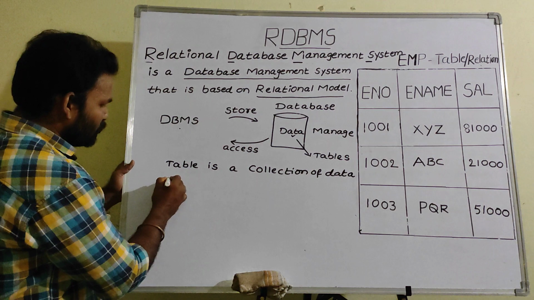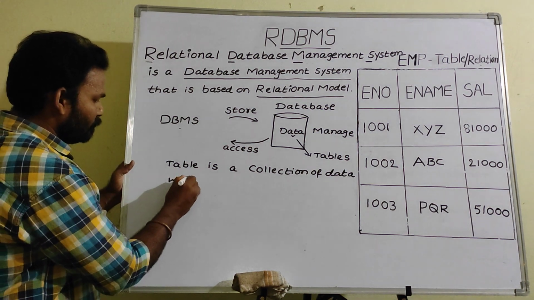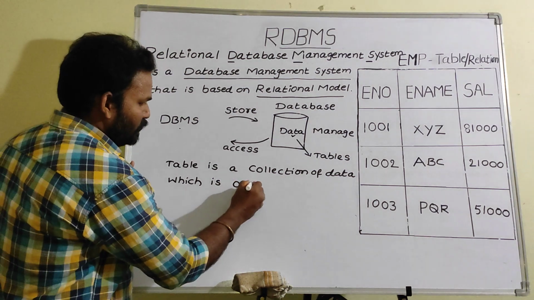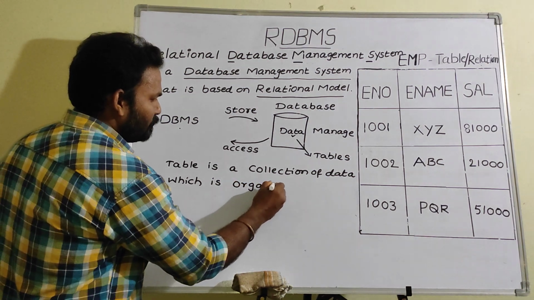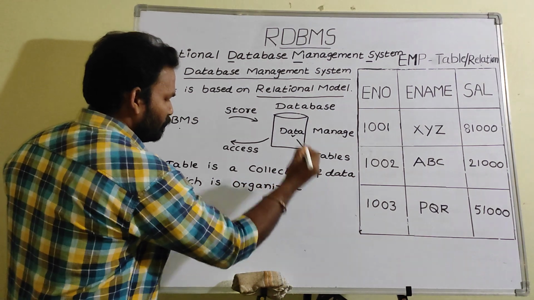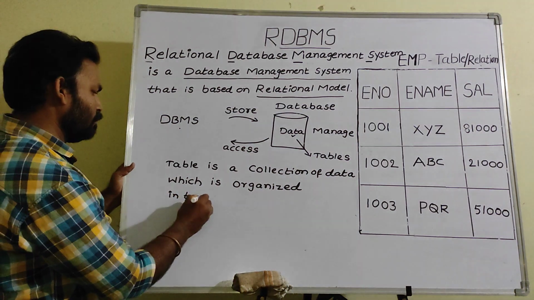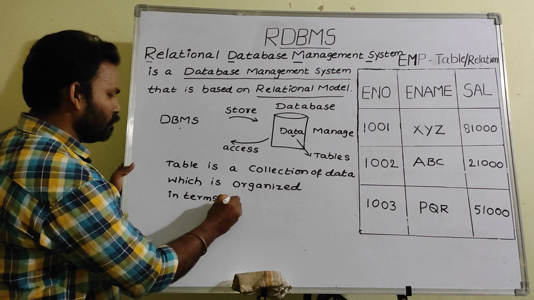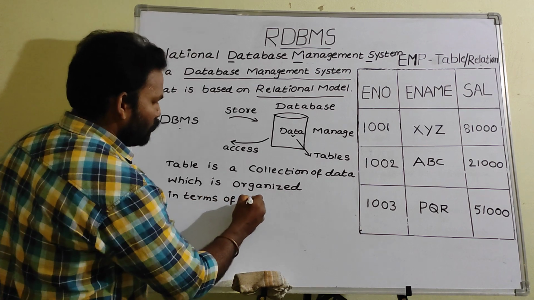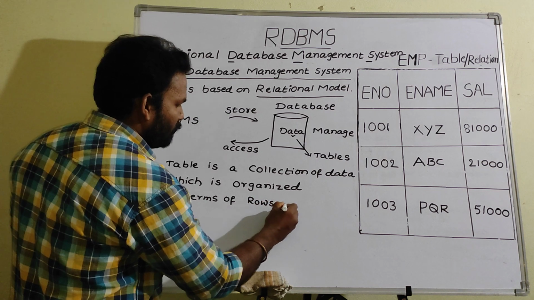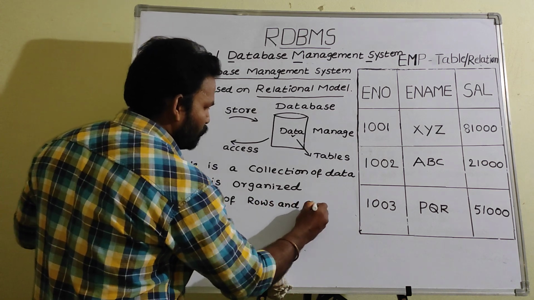Table is a collection of data which is organized in terms of rows and columns.